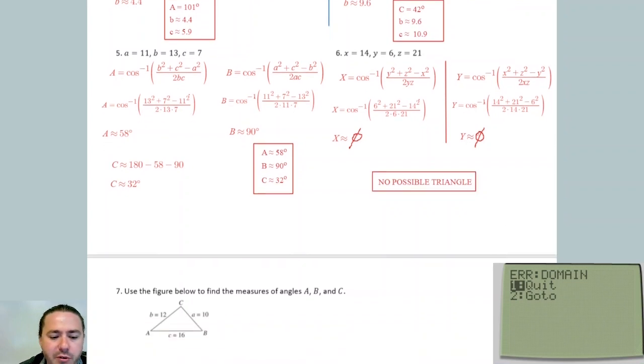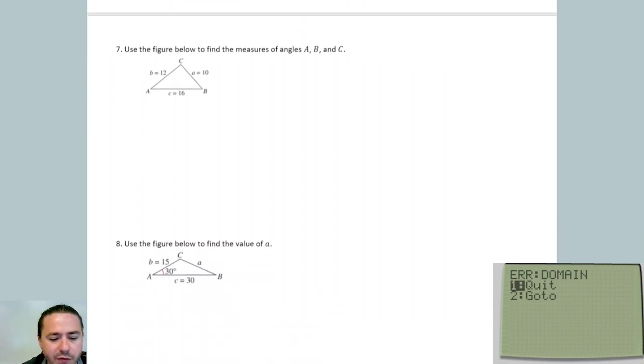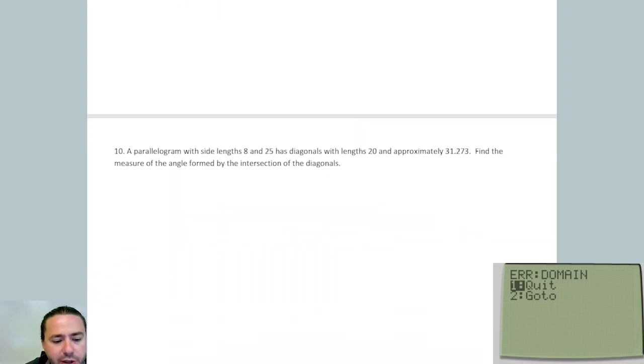So if we look at number 7, if I just want to say, is there actually a triangle here? I look at the biggest side, 16, and the sum of the other two sides is 22. Since this is smaller than that, we're safe. We know there's going to be a triangle here. Let me see if there's another example like that. Let's look at this one down here. Biggest side is 8, which is smaller than 10. So we definitely have a triangle there.